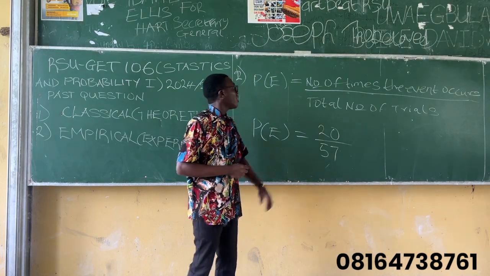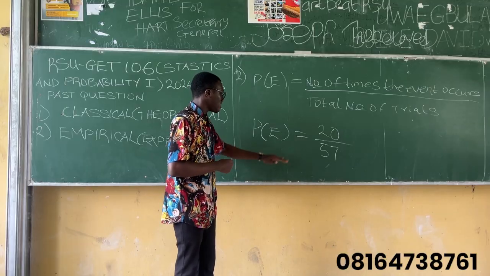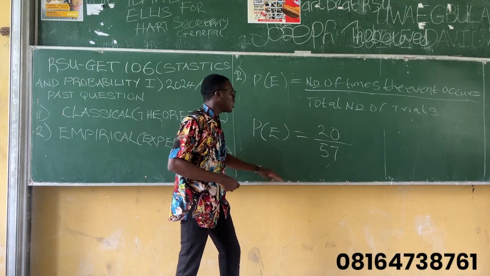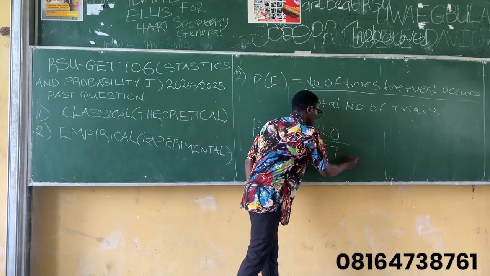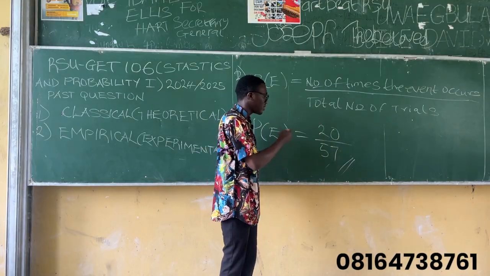Hence, the probability of getting head when you toss a coin is equal to 20 over 57, based on actual observation noticed or taken down during the experimentation.